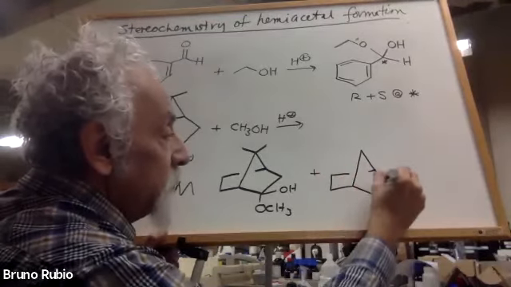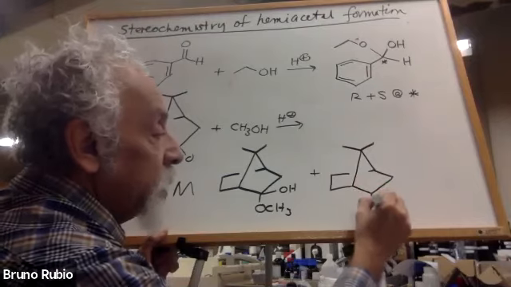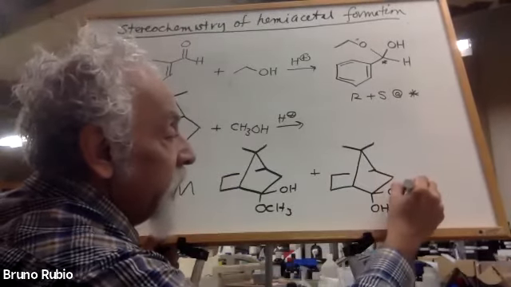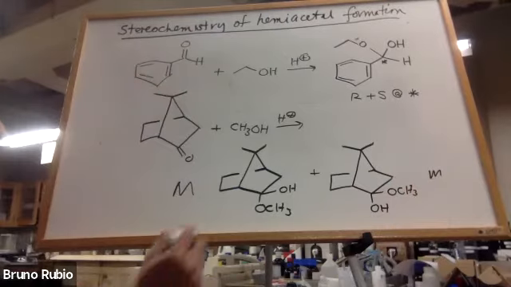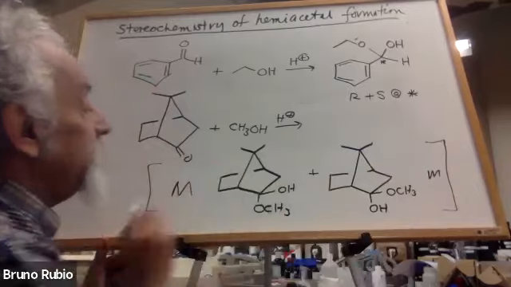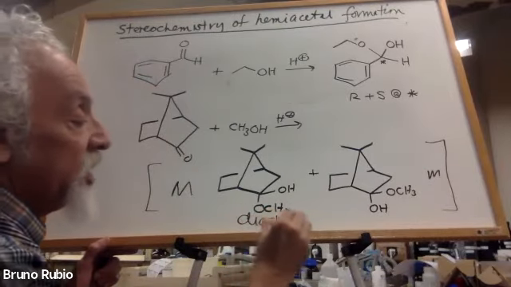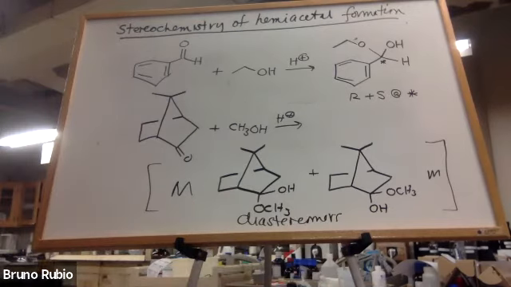So in this example, it's easy to predict which is the major product and which is the minor product. That's the minor product, where the nucleophile had to come in from the top. Okay, and these guys here, they're diastereomers. They're not enantiomers, they're diastereomers.